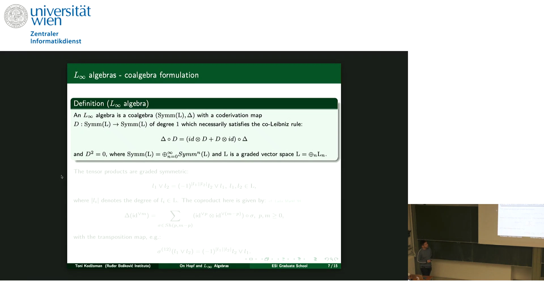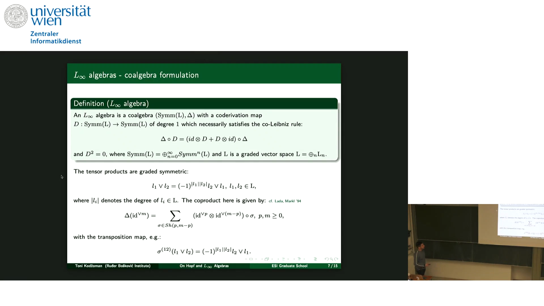Now, the pretty cool thing about this co-algebra formulation is that it relates to physics, or rather the BV formalism, quite nicely, as d squaring to 0 can be correlated to the Q vector of the BV formalism, which also squares to 0. The tensor products here are graded symmetric, so once again, once we switch them around, we get a sign up front, which depends on the degree of the two elements.